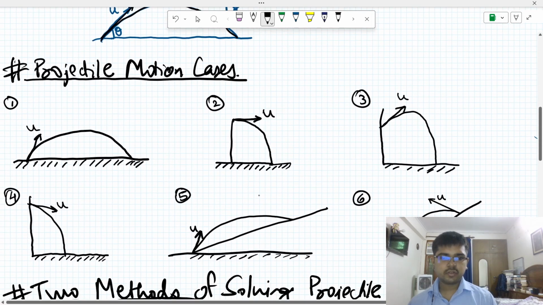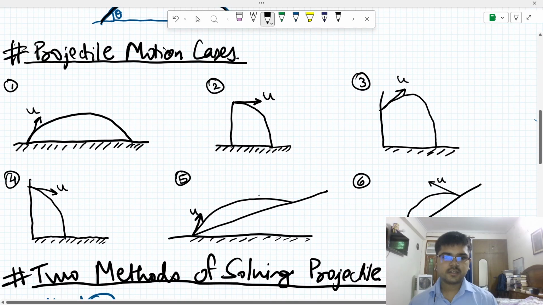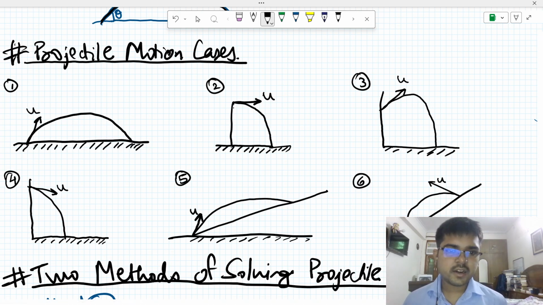Now projectile motions can be of various cases. The very first one is shown here. Second is shown here, that is its horizontal velocity is given. Then a velocity is given from mid height at some theta angle.